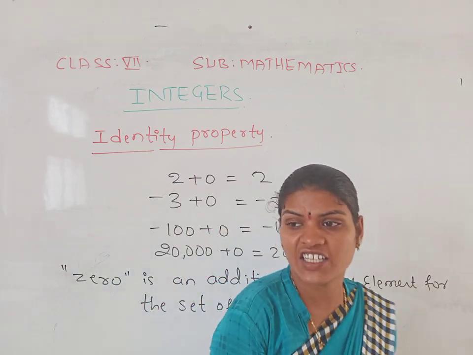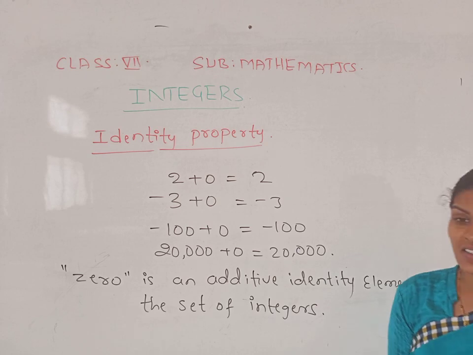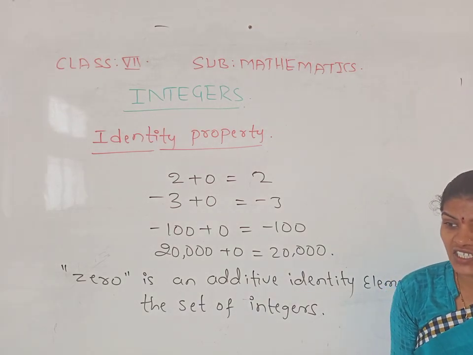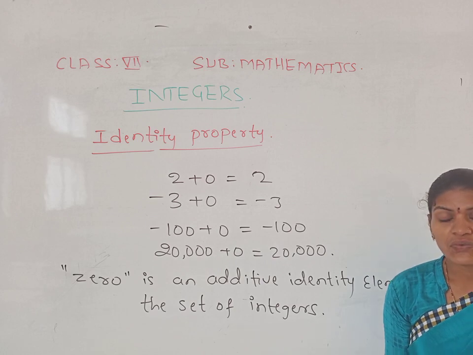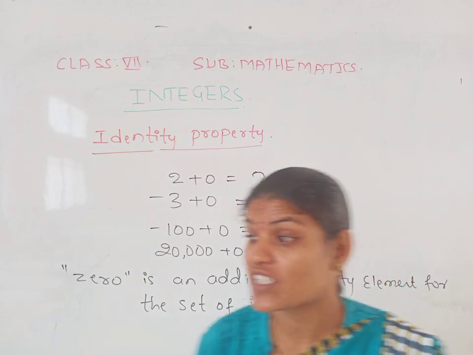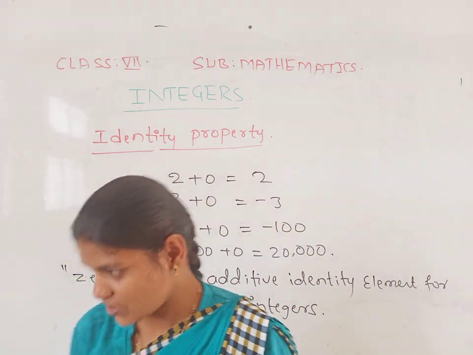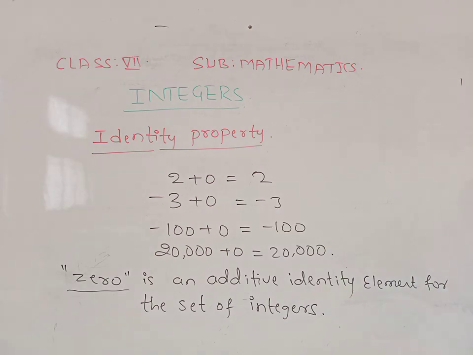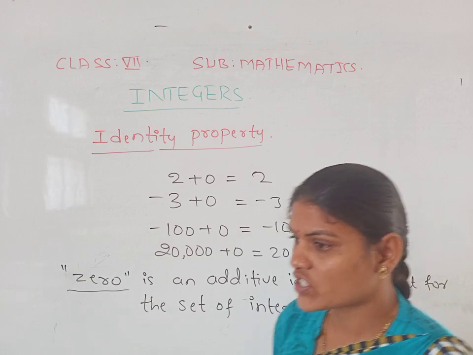You may get fill in the blanks, objective type questions or one word answer. What is the additive identity for the integers? Which number do we call the additive identity element for the set of integers? 0. 0 is the additive identity element for the set of integers.